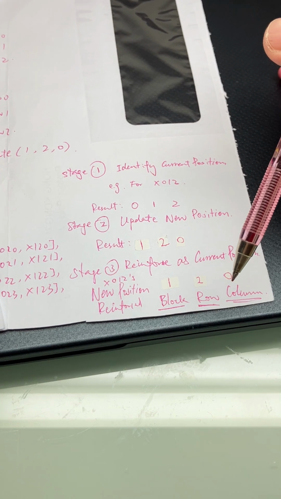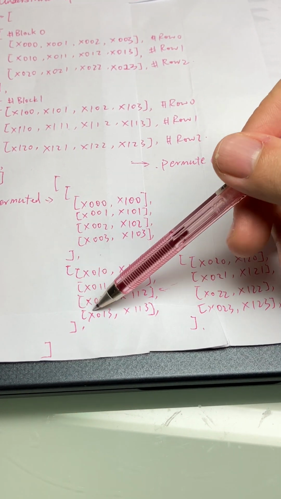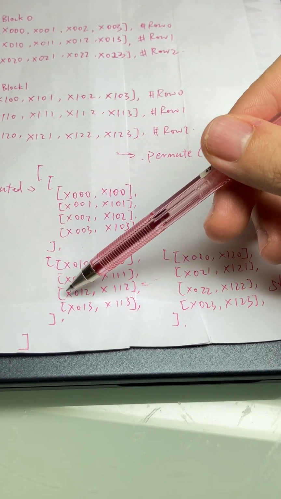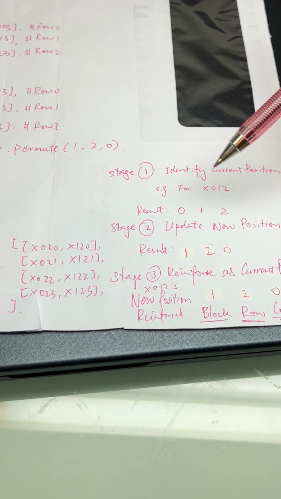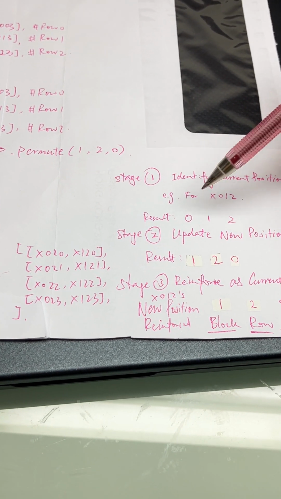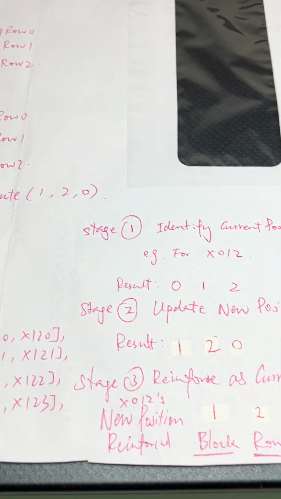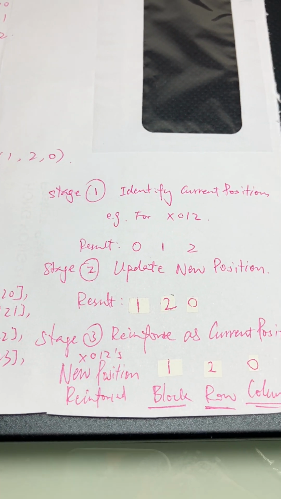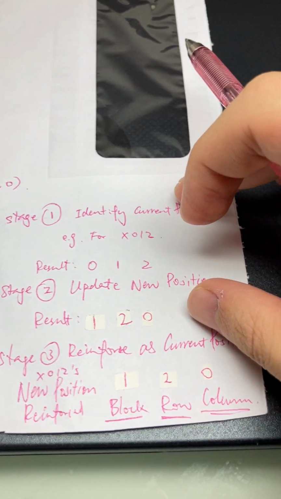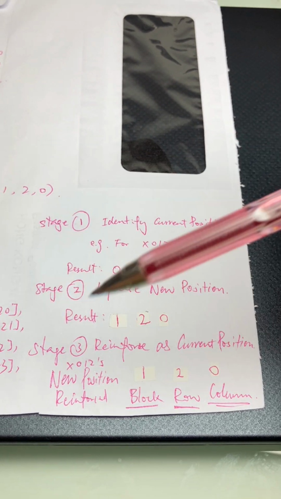And column 0, that means here, column 0. Oh, great. We finally find that x012. That is exactly what we are searching for, right? x012. So this is the simplest way, I think, to figure out the new position of a permuted tensor if you don't have a computer.